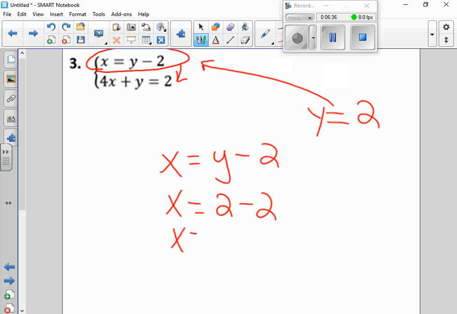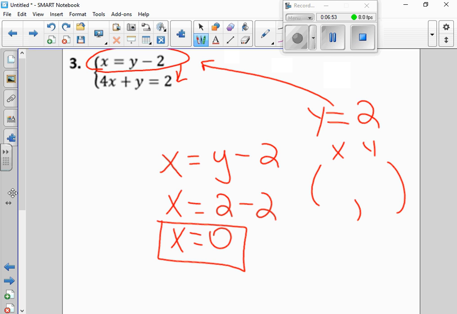So you have x equals 2 minus 2 gives me 0. And that is your value for your x. Now your solution, or your x and y ordered pair, is going to be 0 comma positive 2.